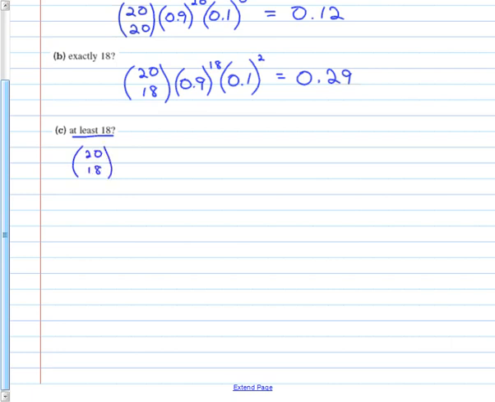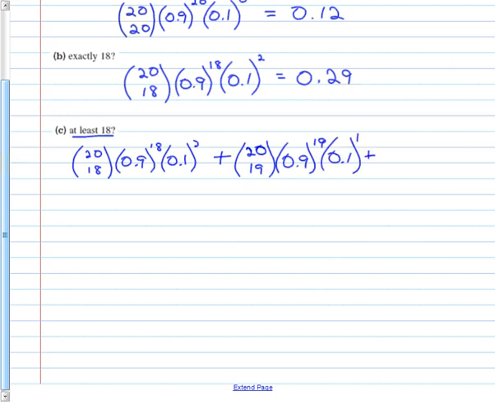I mean, we already did this one. 0.9 to the 18 times 0.1 squared, plus he can make 19 of them: 20 choose 19, 0.9 raised to the 19, 0.1 raised to the 1, or he can make all 20 of them: 20 choose 20, I think we did this one already. 0.9 raised to the 20th, and 0.1 raised to the 0 power. But that's what you would have to do to get that answer.